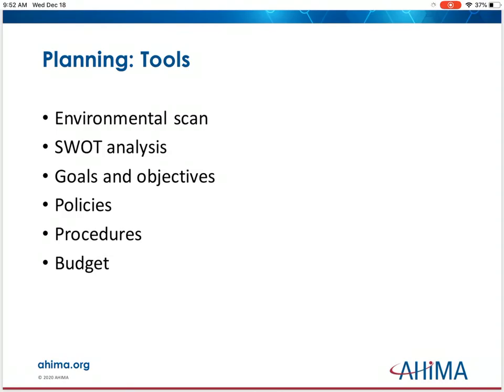But the main thing you want to know is policies should consider legal, accrediting, and certification mandates, as well as any other requirements imposed by external and internal authorities or sources. And your procedure is going to be the steps given in chronological order that detail the prescribed manner that actual work is done, or how you're actually going to perform the work.